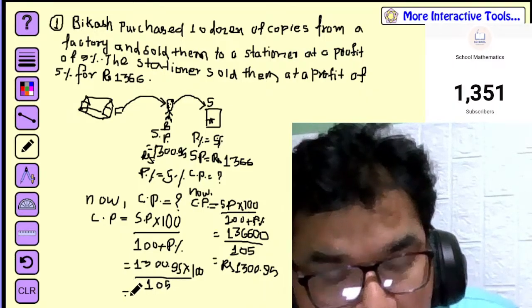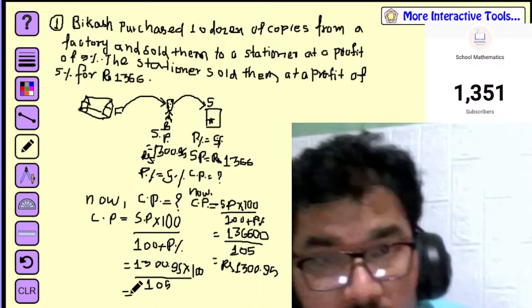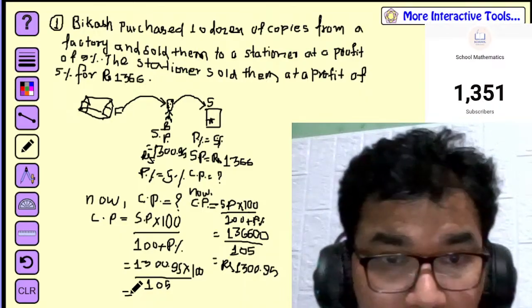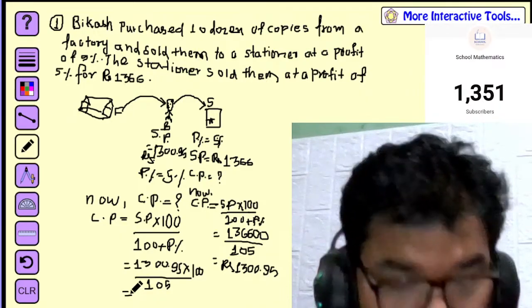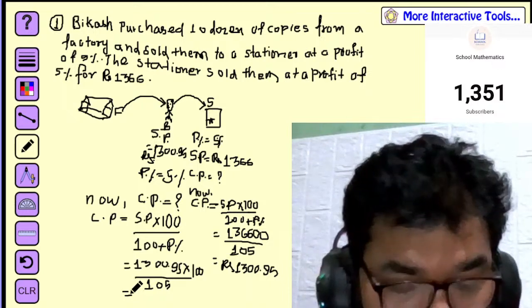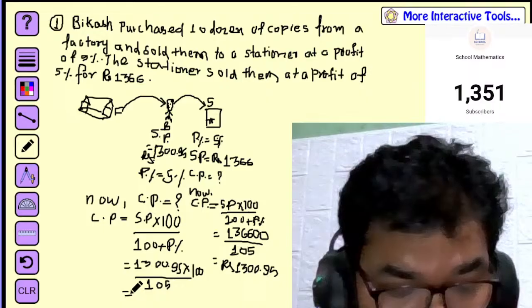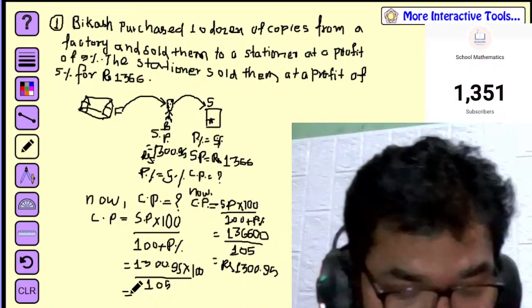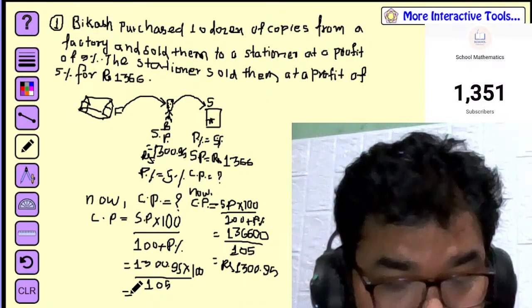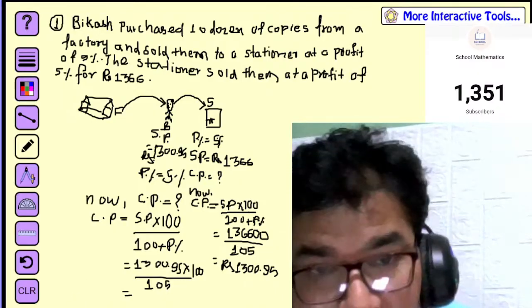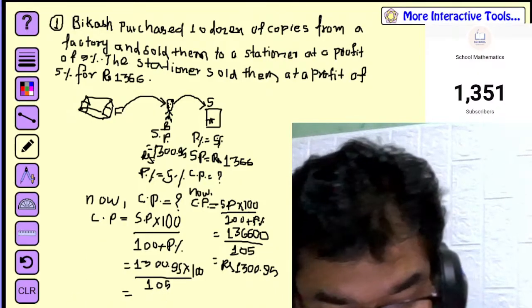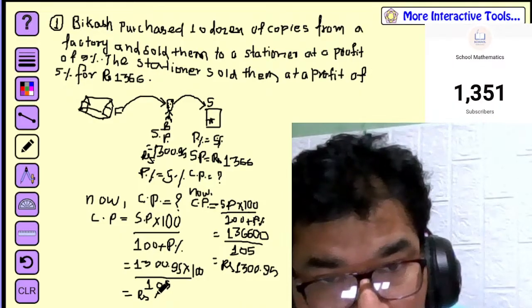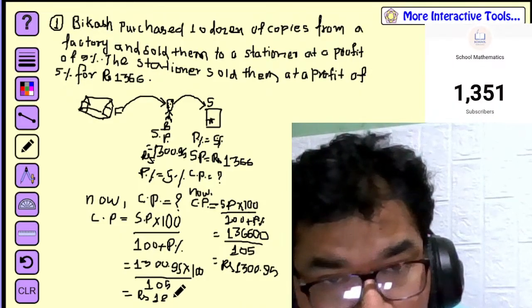Now if we divide it, 1300.95 into 100, divided by 105, its answer comes here rupees 1239.